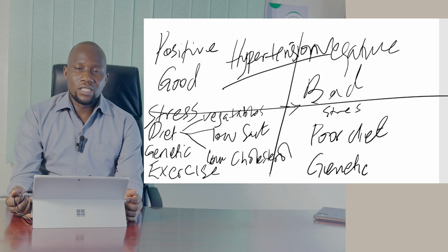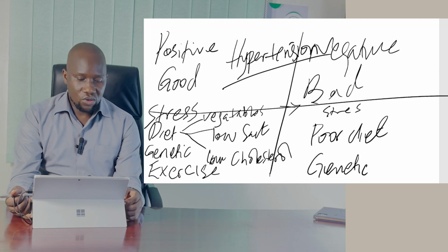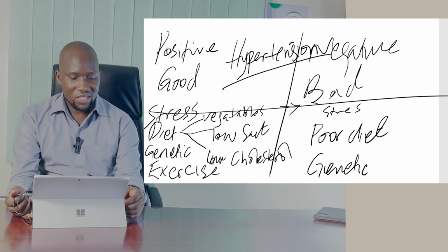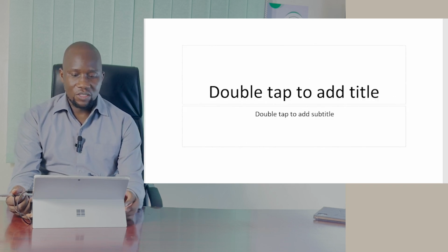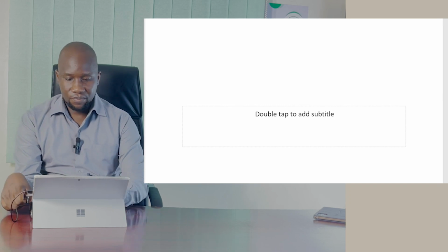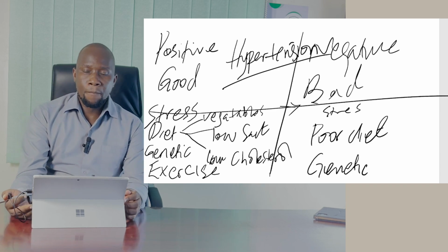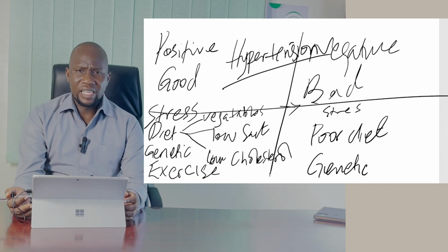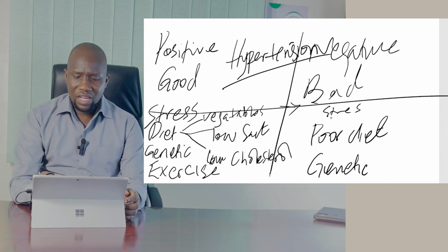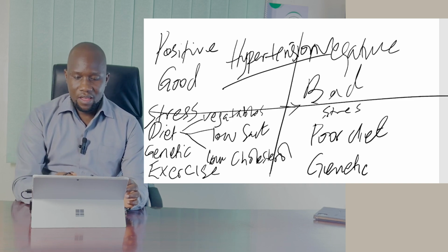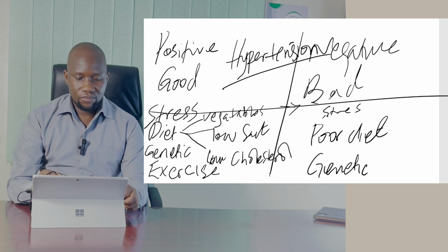It is not very common that you as an individual will have all of these things at once, poor nutrition, poor lifestyle, all of them at a go. You can have stress, but your diet is okay. You can have a good diet when you have a lot of stress.